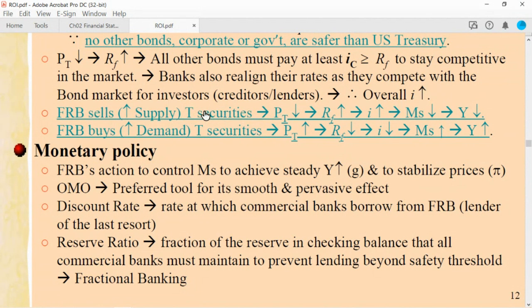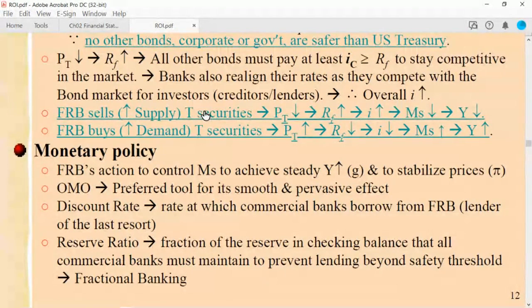That's because a Treasury bill is a short-term instrument. But for the long-term interest rate, the Federal Reserve buys and sells Treasury notes and Treasury bills.